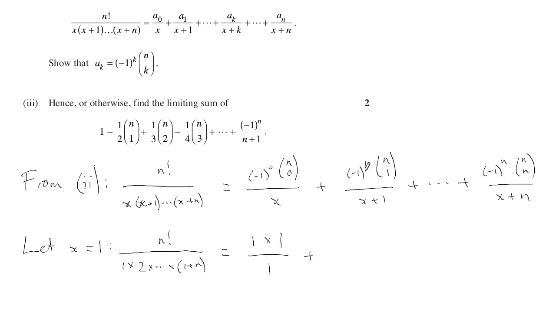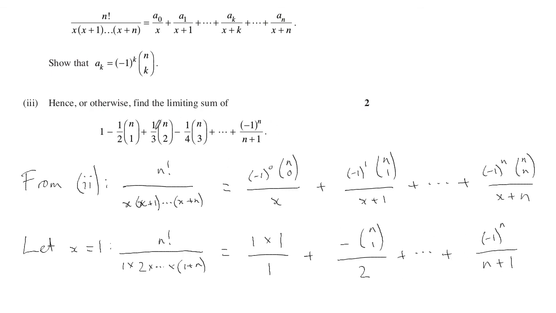Okay, and then we've got a negative 1 to the 1 is just negative 1, so we'll have like a negative n choose 1 over, that'll be 2, and so on up to, we don't really know what negative 1 to the n is without knowing what n is, so we'll just leave that as negative 1 to the n. n choose n is 1, so that'll just disappear over n plus 1.